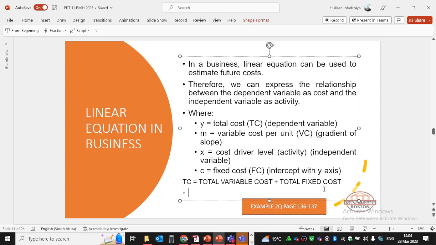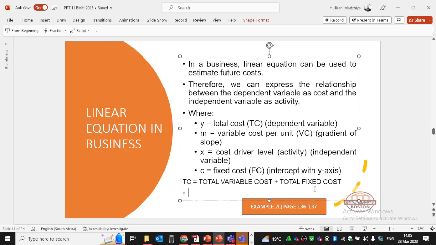Next time you go to buy, you might find the cost went up or down, and based on the number of units you buy, the variable cost will be based on that. But your building rental and the salaries of your other employees who help you sell those products are fixed. Whether those products have been sold or not, you still have to pay them. That's what we call the fixed cost.